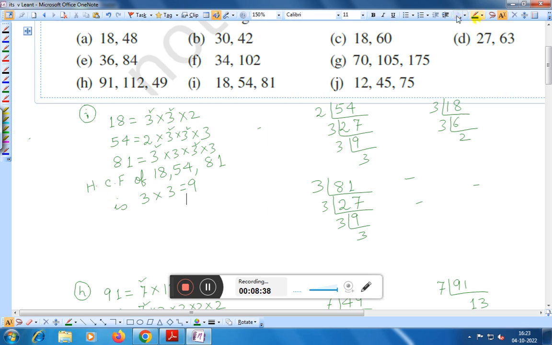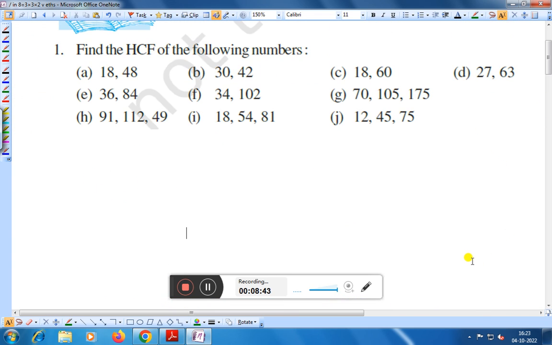Next, we will do question number J. In question number J there are three numbers: 12, 45, and 75.